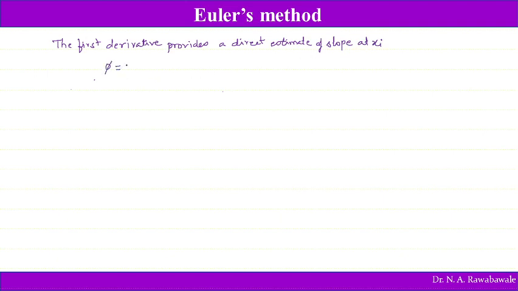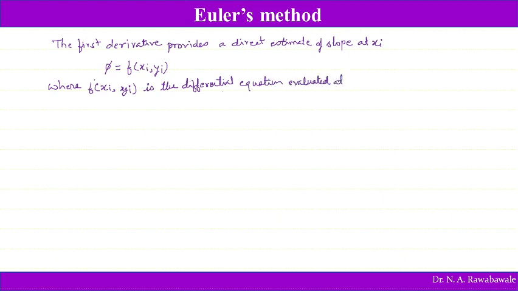Psi is equal to f of xi, yi. This gives a slope, where f of xi comma yi is the differential equation evaluated at xi and yi.